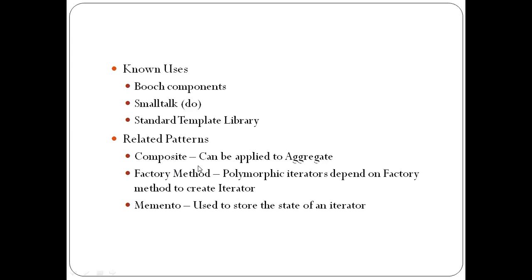The related patterns to iterator can be composite, factory method, or memento. Here the factory method is what we have seen as create iterator, which will create iterators depending on the type, which we call a polymorphic iterator.